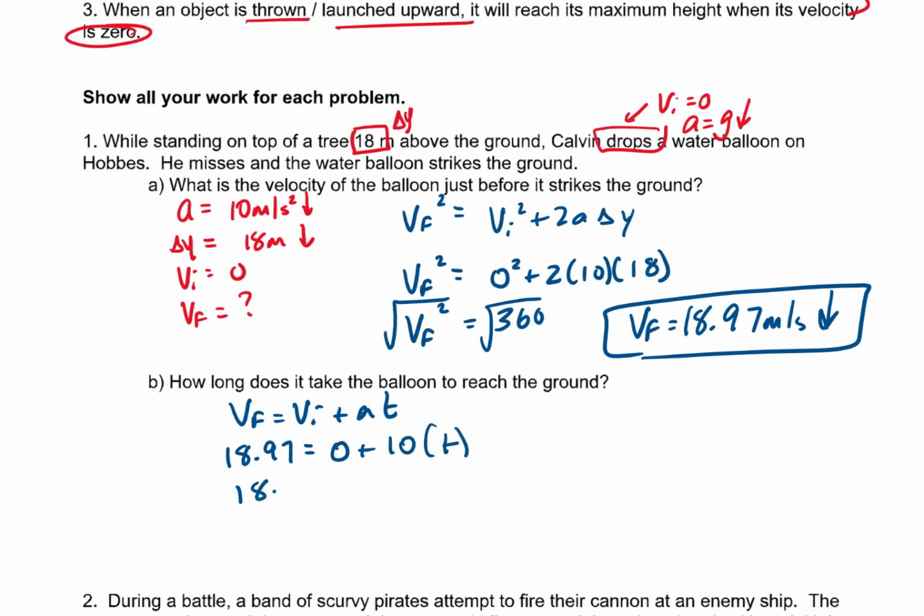So 18.97 is equal to 10t. We'll divide both sides by 10, and that time comes out to be 1.897, so if we round that, 1.9 seconds is our time.